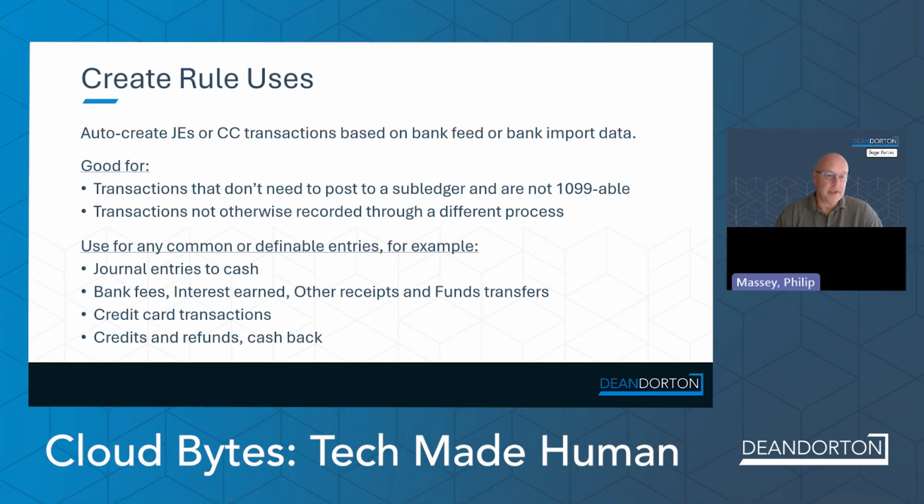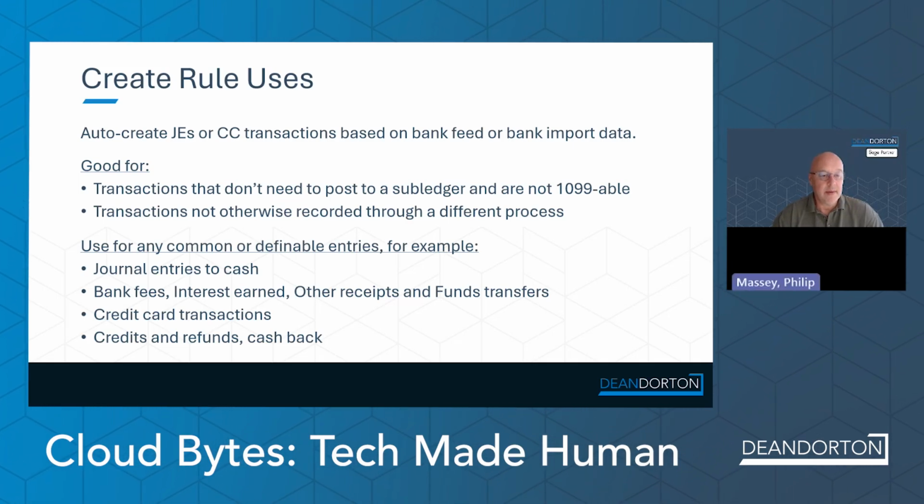And then it's really for transactions not otherwise recorded. I typically will call these, and they don't have to be, but I will typically call these miscellaneous type transactions. So again, your fees, your interest, those types of things are some of the more common examples for create rules. But your organization obviously could have your own reasons and could have a lot of reasons.